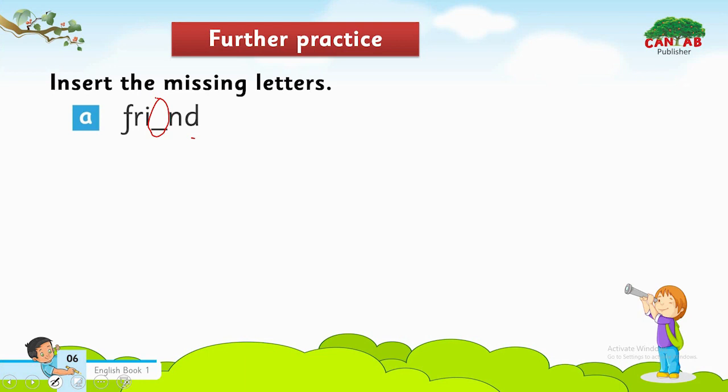F-R-I dash and D. What should be the letter? If I am going to fill with A, the first letter, Fraiand, this is not a word. What will be the answer? This is the wrong one. Shabash. Should I use another? B. Fribnd.